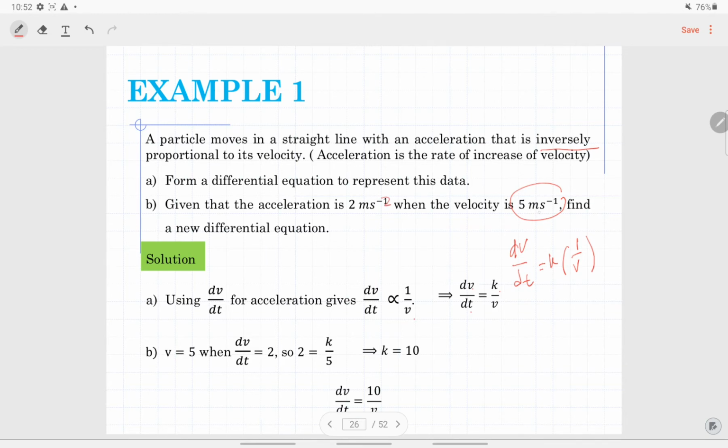Because the velocity is ms to the power of negative 1, so the rate of increase of the velocity, the acceleration, should be ms to the power of negative 2. Okay, for v equal to 5, when dv over dt equal to 2, so 2 equals k over 5, which is k equal to 10.